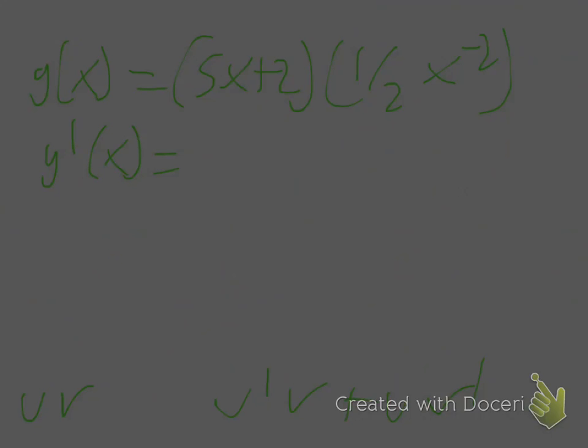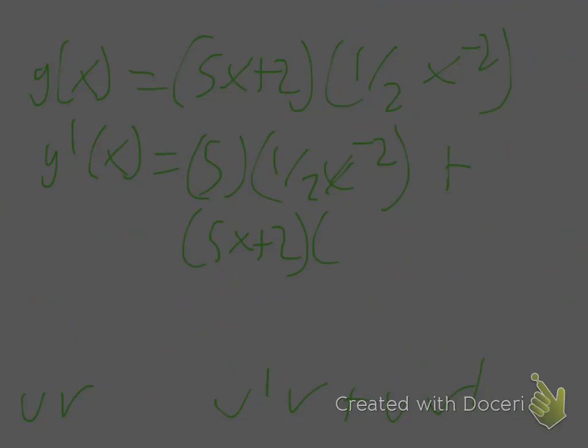So, the derivative of the first factor is 5, times the second factor, a half x to the negative 2, plus the first factor, 5x plus 2, times the derivative of the second factor.